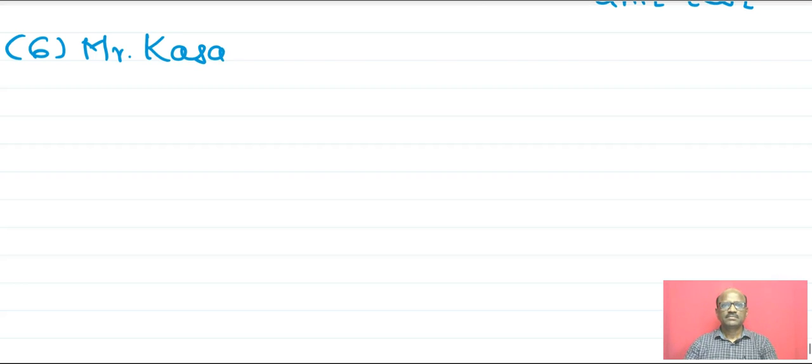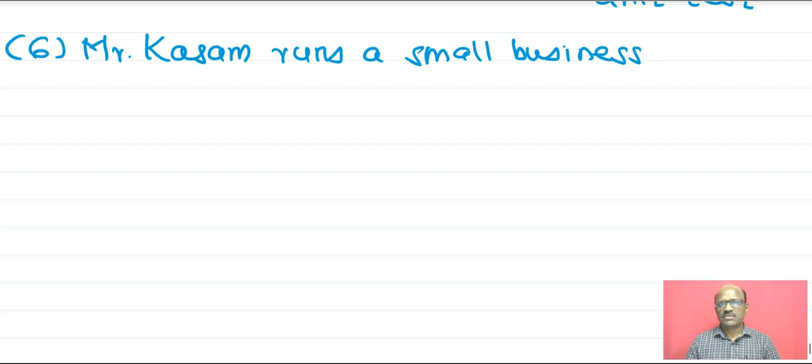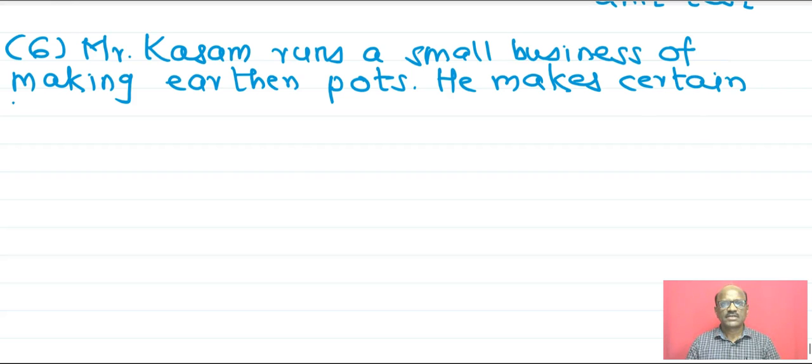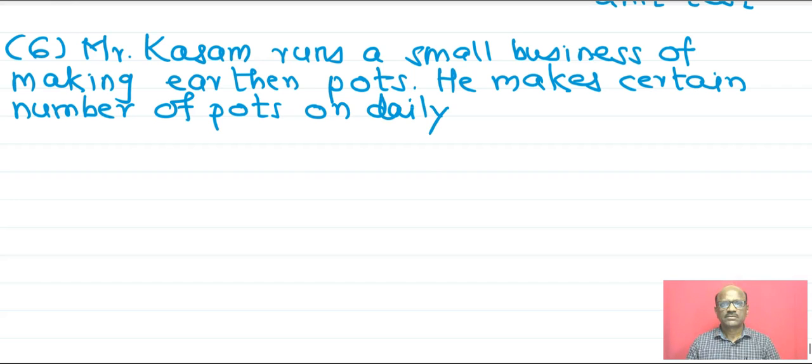Now next example. Mr. Kasam runs a small business of making earthen pots. He makes a certain number of pots on a daily basis.